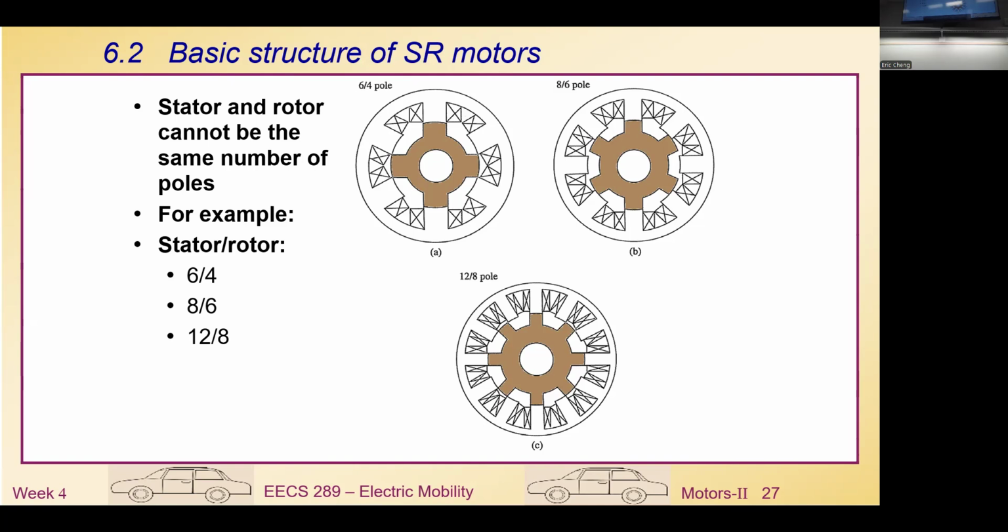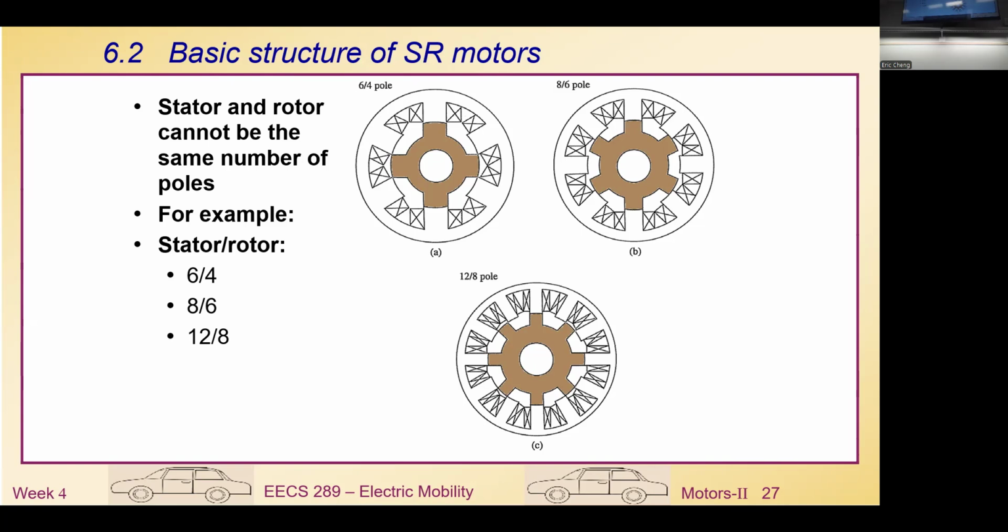That's how we use this method to control the magnetic force to minimize the so-called reluctance. This magnetic path, we call the reluctance. So we try to minimize the reluctance, and the motor motion here is based on the reluctance principle. That's why this machine is called the switched reluctance motor.